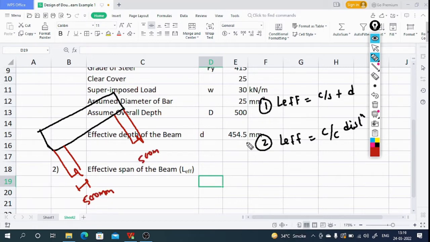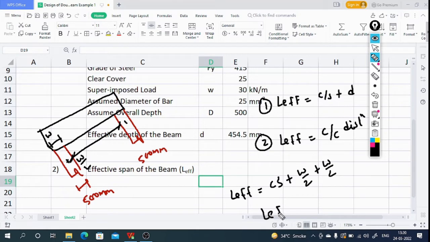The next formula states that L effective is nothing but the center to center distance between the supports, and we know the clear span, and if W is the width of the support, the distance from this point to this point will be W by 2. So L effective equal to clear span plus W by 2 plus W by 2. Either side you have W by 2. You can rearrange the formula: L effective equal to clear span plus W. W is the width of the support.